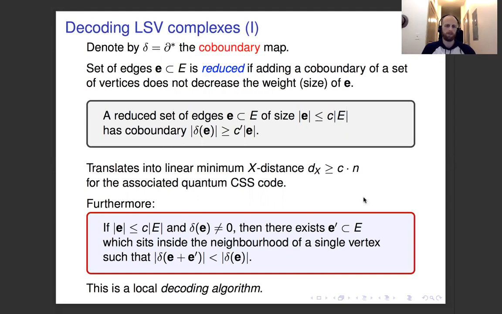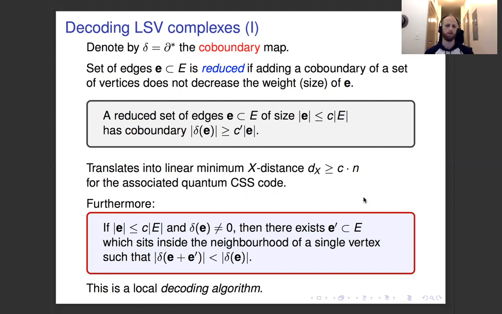And what this high dimensional expansion property gives you is a simple consequence: the X distance of the quantum code coming from these complexes grows linearly. Already off the bat, we have this linearly growing X distance.